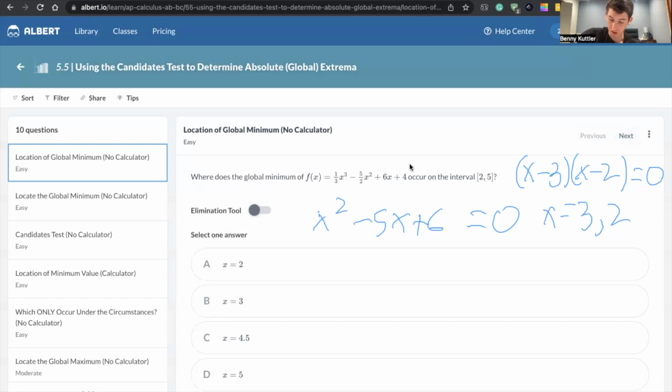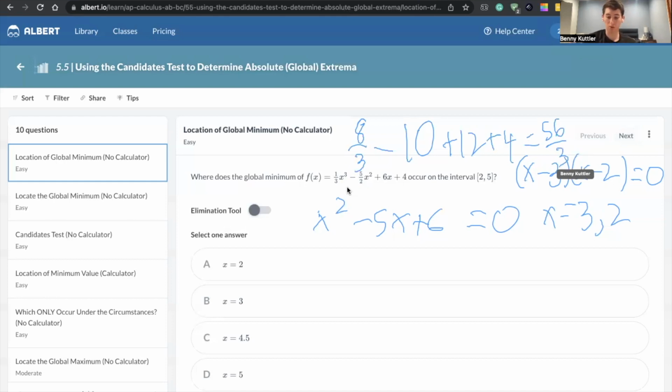So if we plug in 2 to the function, not the derivative, 2 cubed is 8 times 1/3 is 8 over 3, minus 5 over 2 times 2 squared, which is 4 times 5 over 2, which is 10, minus 10, plus 6 times 2, which is 12, and then plus 4. So if we plug all this in, we get 16 plus 8 over 3, which is 56 over 3, I believe.